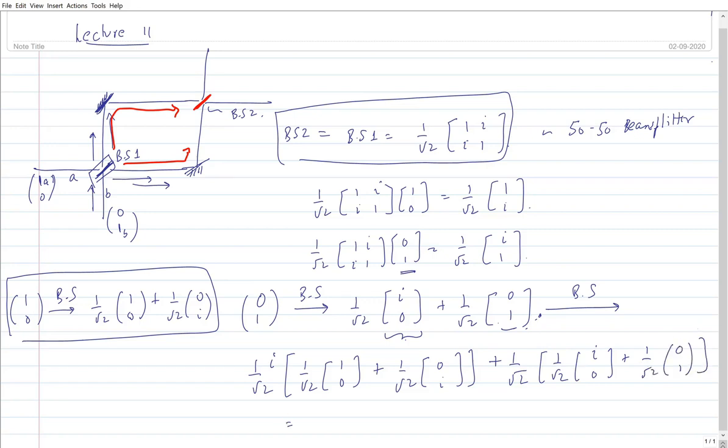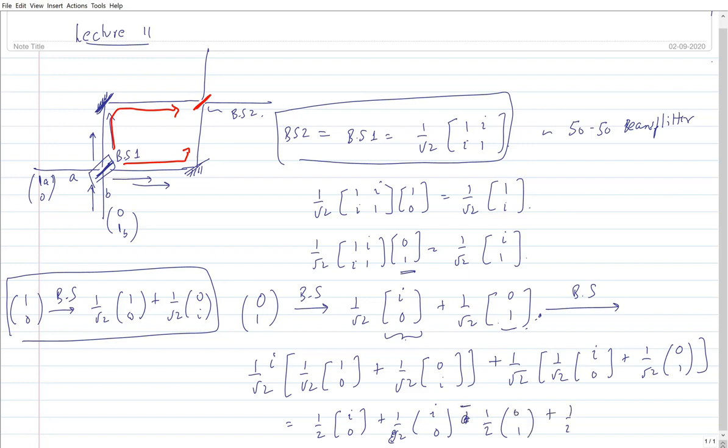And when I solve it, the answer I get is 1 by 2, 1 by 2, sorry, it's going to be minus 1 by 2, 0, 1.